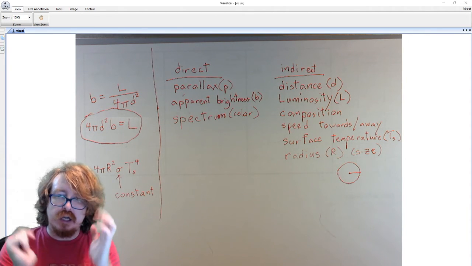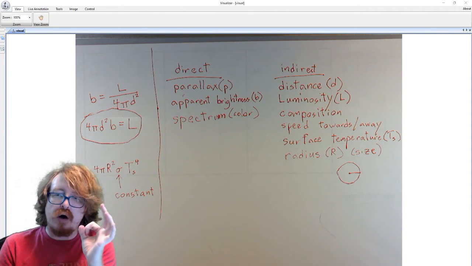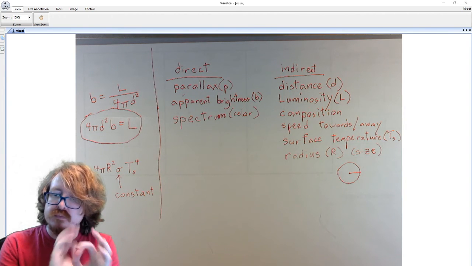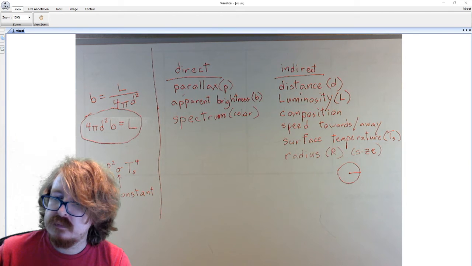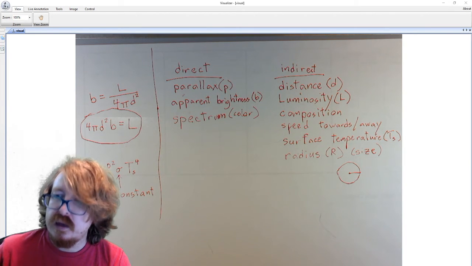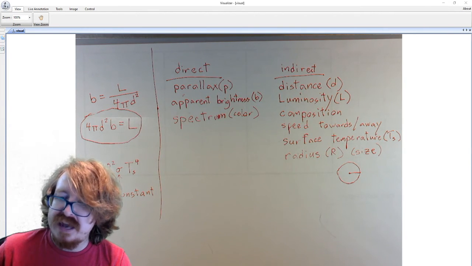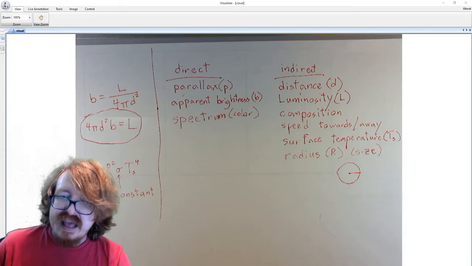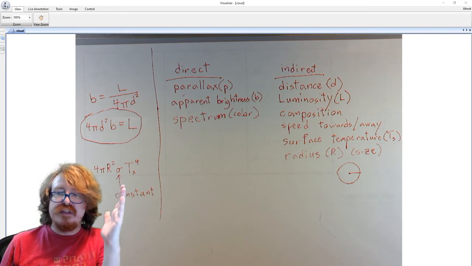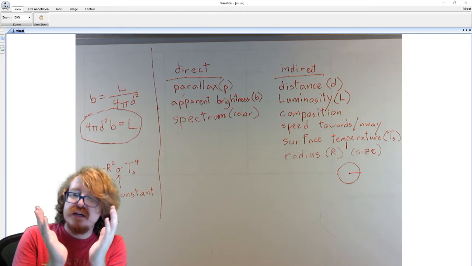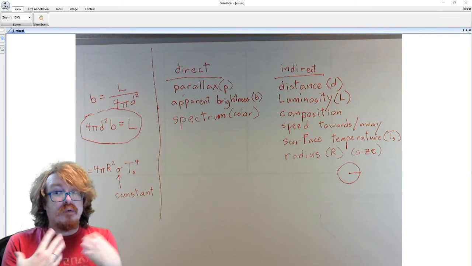Is it going to be high or low? It would be low. That is correct. And vice versa, if you had a very big star that is also very hot, that would make its luminosity very high.